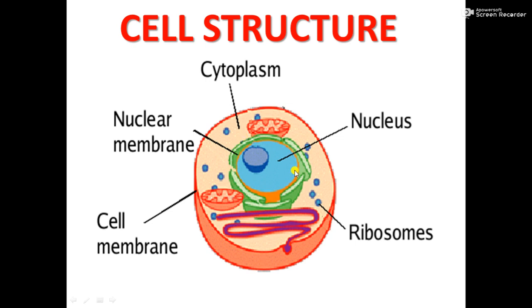Nuclear membrane is there, and this is the cytoplasm, which has small structures which do different functions, are called the organelles. So membrane bound organelles are there, membrane bound proper nucleus is there. So that is why this is the typical eukaryotic cell.